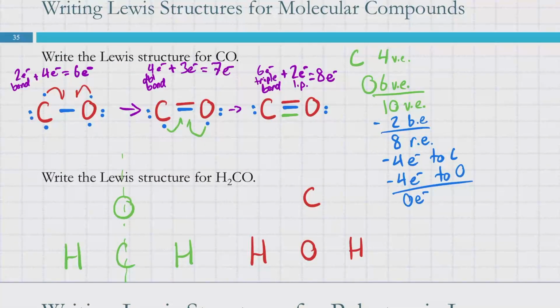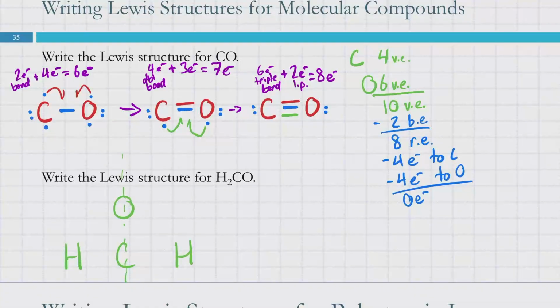So comparing the electronegativity between carbon and oxygen, which one has the higher electronegativity? It's the oxygen. So since oxygen has a higher electronegativity value, we're putting oxygen outside and carbon is going to be in the middle. So that's why we're choosing green over red.